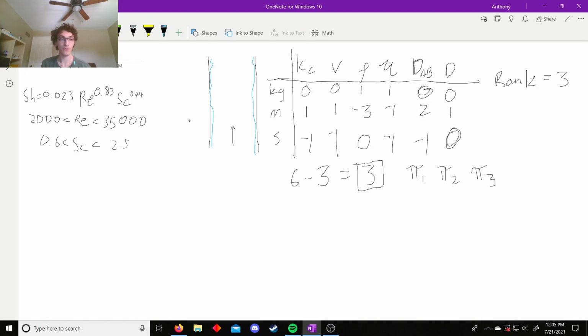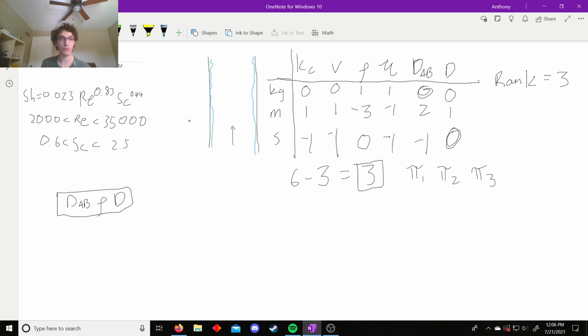So what I'm going to use for our core group is going to be our diffusivity, our density, and our characteristic length. So this is going to be our core group here.